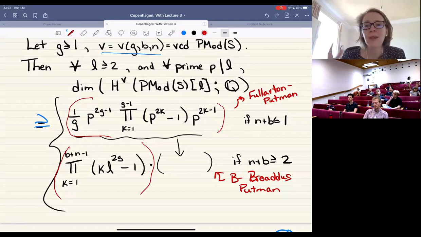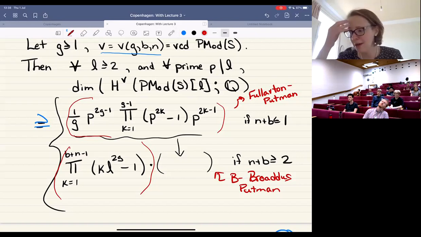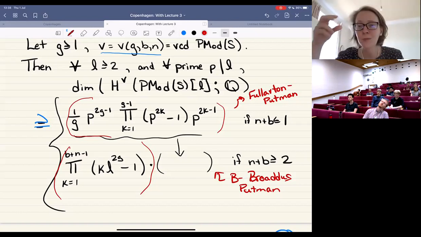The argument that I showed you to obtain the result for a general surface is inducting down until you get to a closed surface, and then you invoke Fullerton-Putman. And what Fullerton-Putman did was, in the case of the closed surface, they construct surjections onto linear groups over a finite field with p elements.